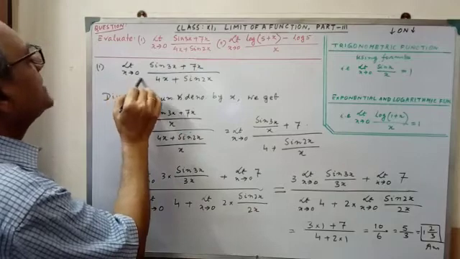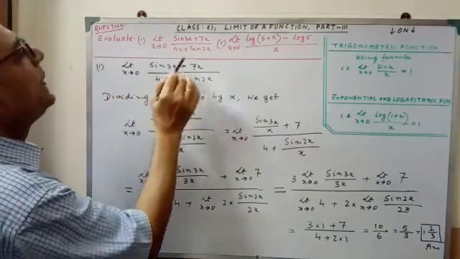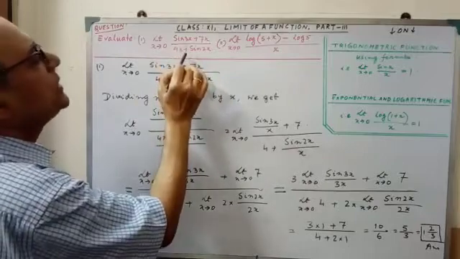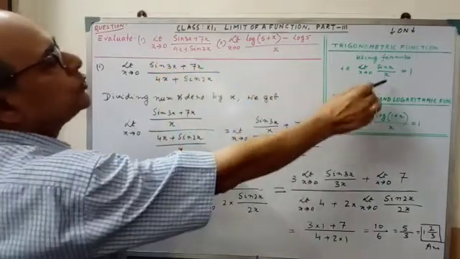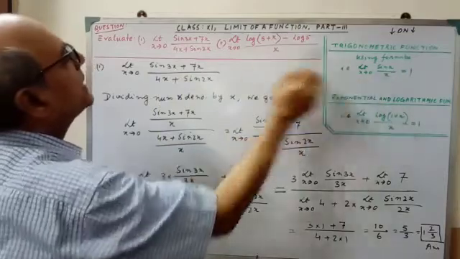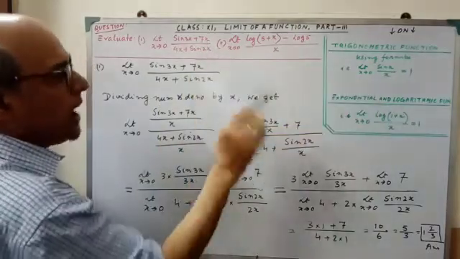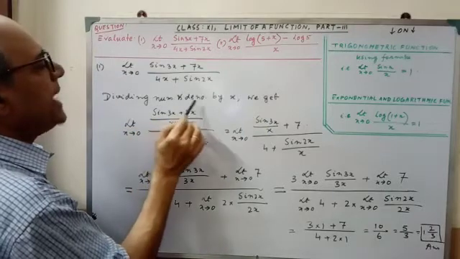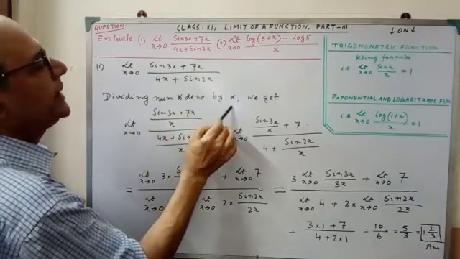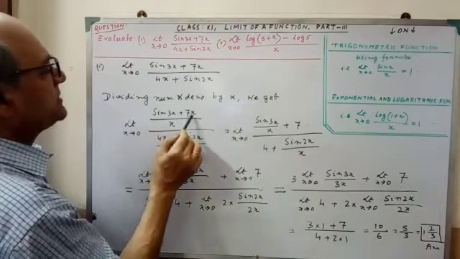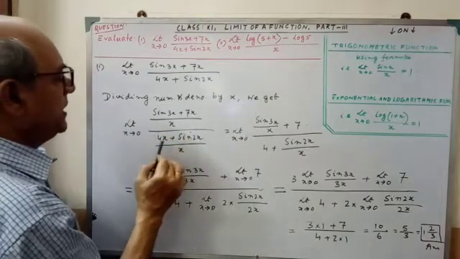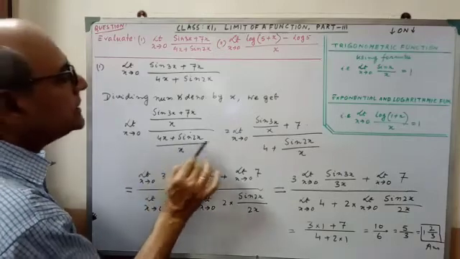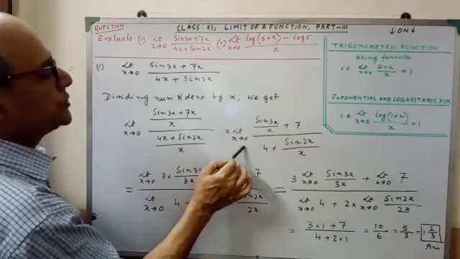See, let x tend to 0. Now sin 3x by something, if you see that, then we will get this frame. But here it is not given. We have to bring that, and for this, dividing numerator and denominator by x we get (sin 3x by x plus 7x by x) divided by (4x by x plus sin 2x by x), then equal to limit x tends to 0.